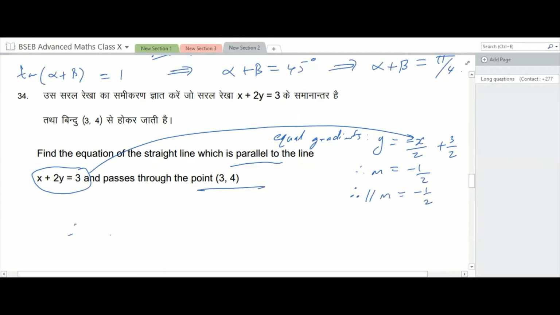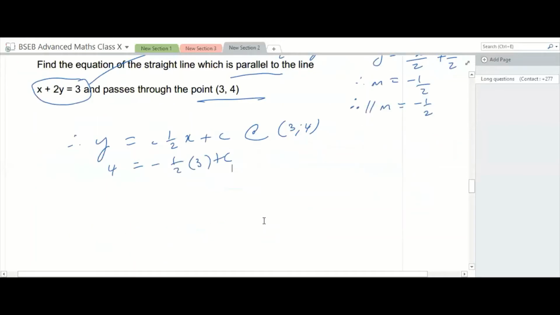Therefore, y is equal to minus half x plus c at 3, 4. 4 is equal to minus half times 3 plus c, which is equal to, c is equal to 4 plus 3 over 2. 4 is 8 over 2 plus 3 over 2, which is, therefore c, let's just write it like this.